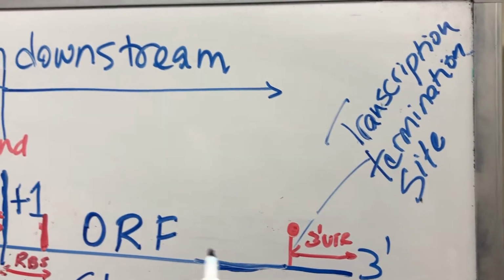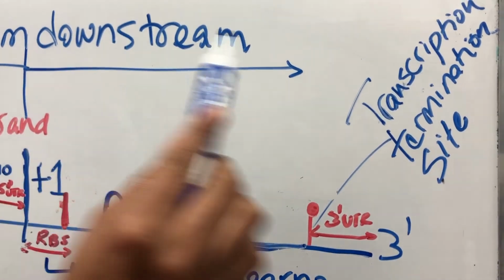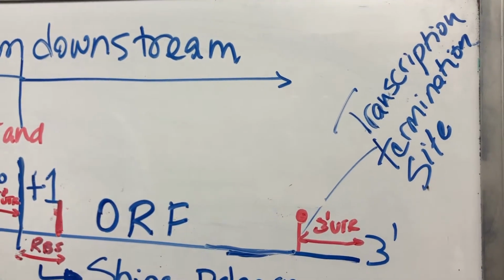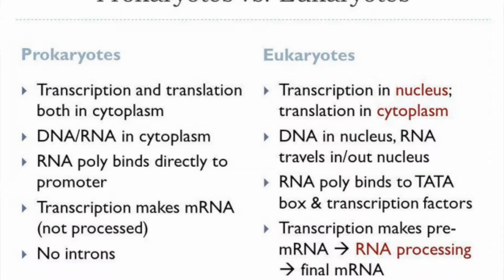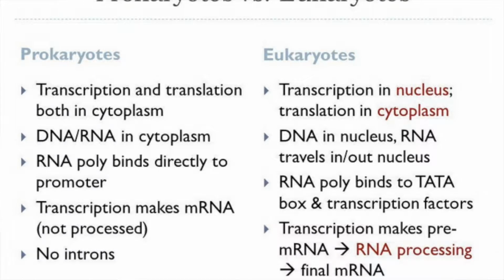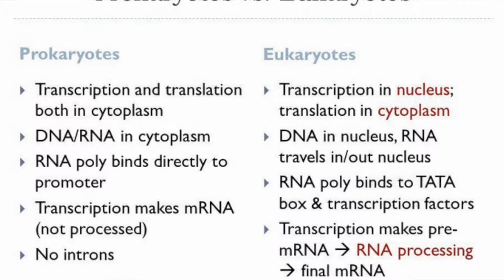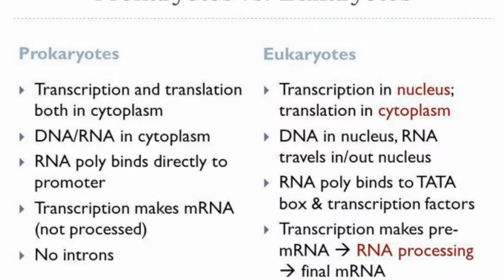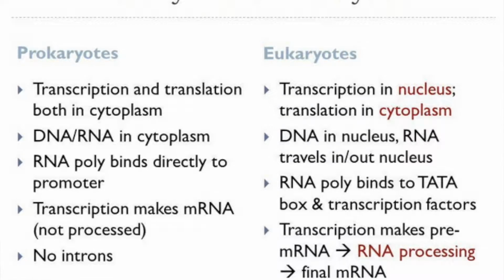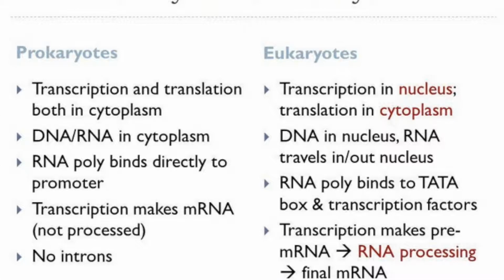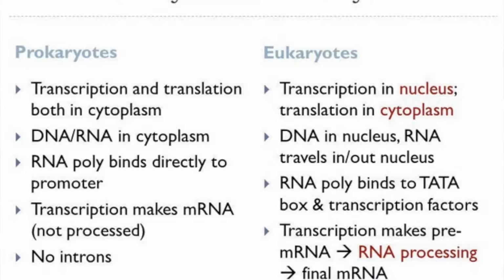Now that we have gone through the whole transcription sequence, let's go over the differences between eukaryotic and prokaryotic transcription and translation. Let's take E. coli as an example. First, all RNAs, that is mRNA, tRNA, and rRNA, are produced in transcription.